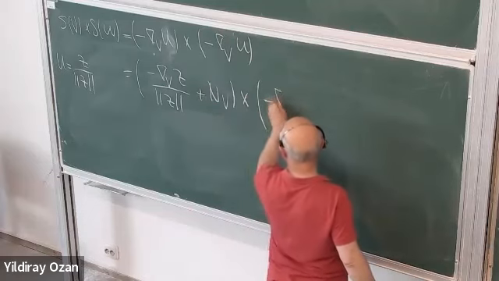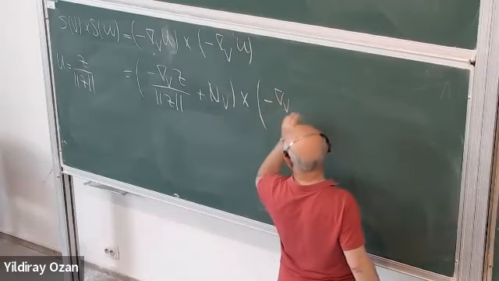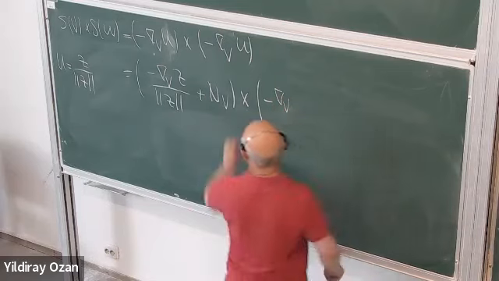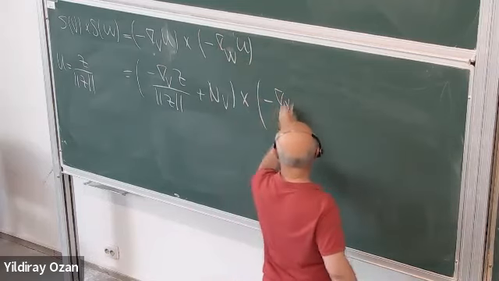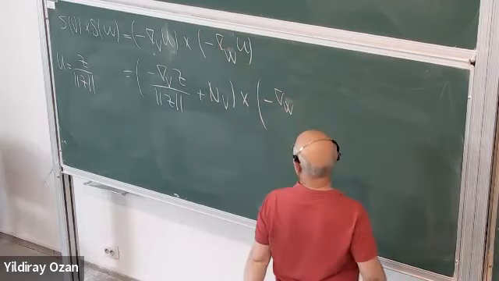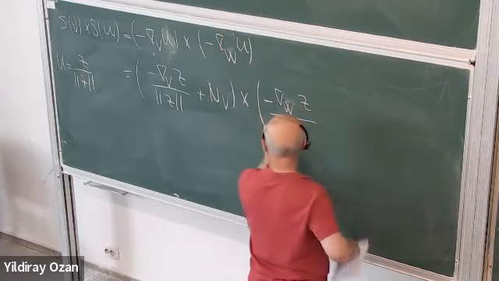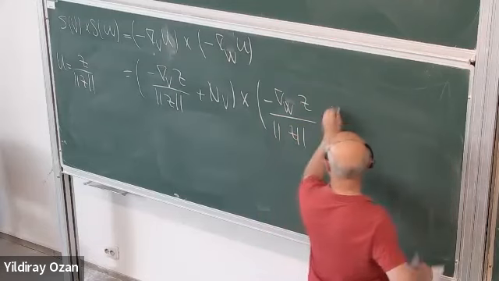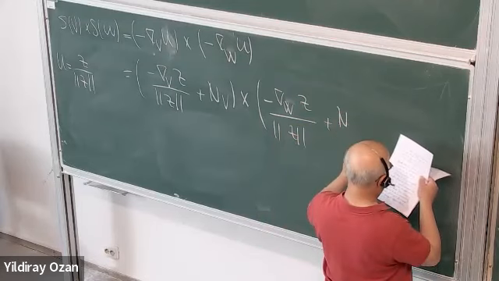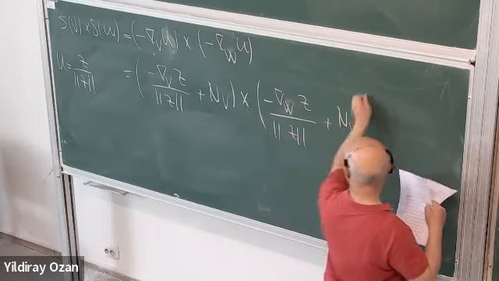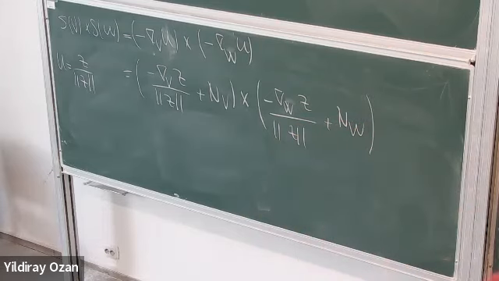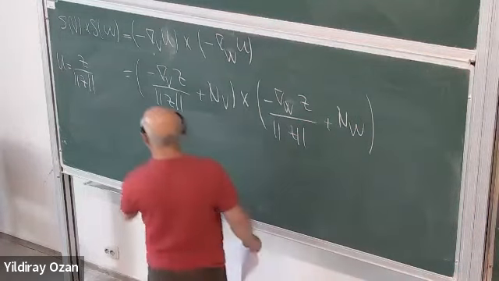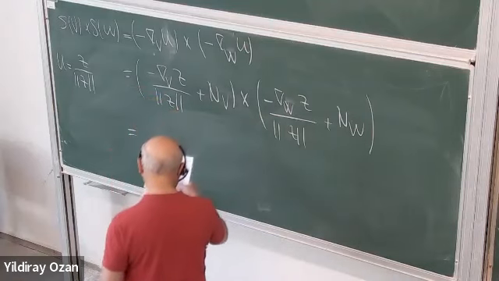This is minus the covariant derivative of W, I'm sorry, Z divided by norm Z cross NW. All right. So when you open this up, you will get what? Let me tell you the result.